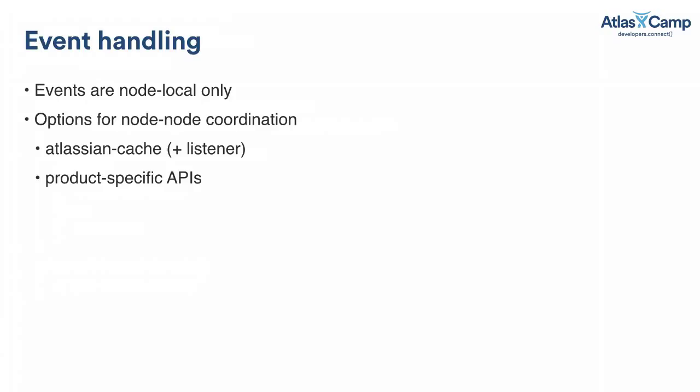You can do that when you've got a configuration object that you just retrieve for each request, and when that gets invalidated, it's reloaded, and you can do the side effects. Or you can use cache listeners to get a callback whenever there's an invalidation somewhere, and then you can trigger your side effect. And finally, you can use product-specific APIs to do node-to-node communications. And unfortunately, we don't have a cross-product API for that yet, but it is something that we're considering.